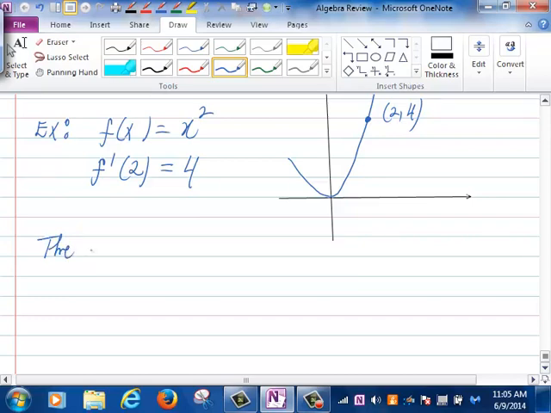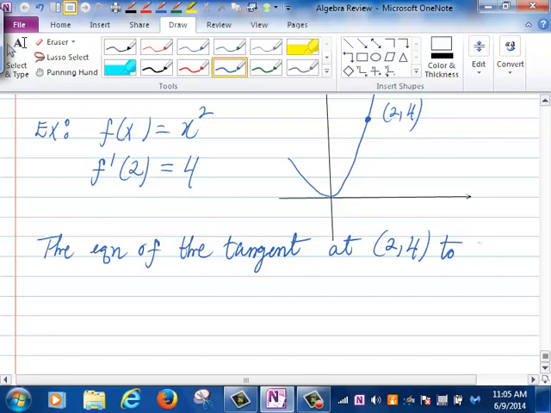So now, what's the equation of the tangent at this point then? The equation of the tangent line at the point (2, 4) to the graph of the parabola is given by what?